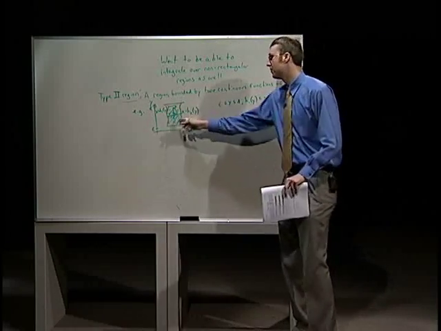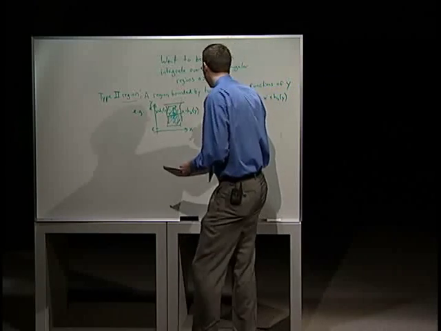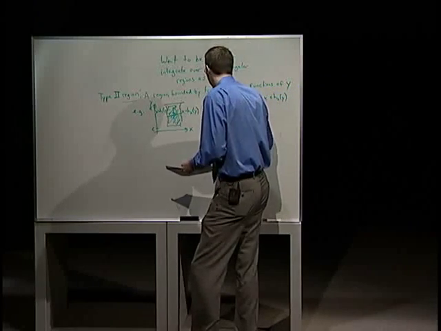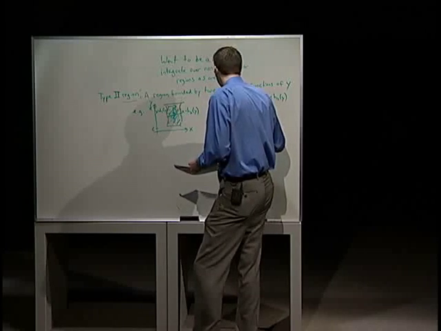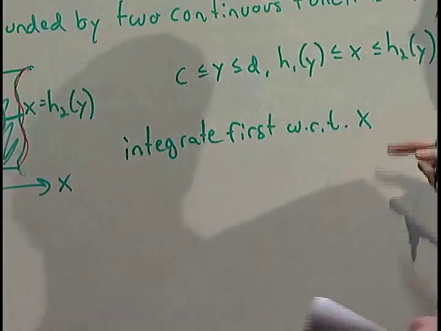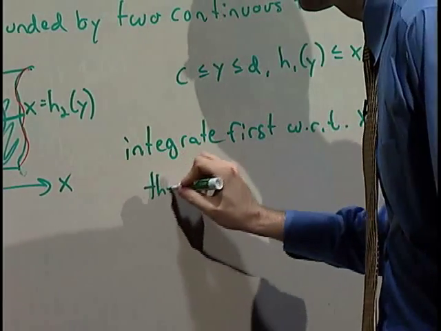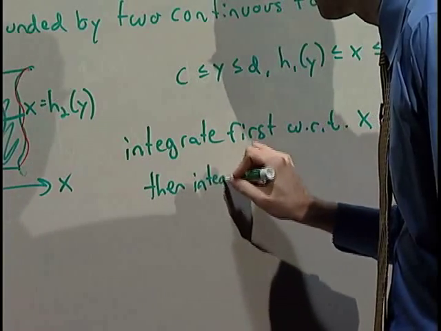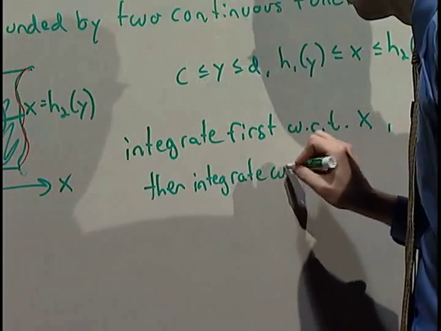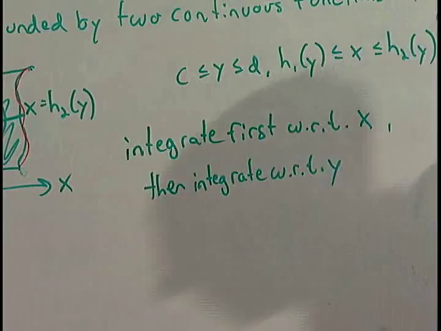We integrated up to down before, left to right here, okay? And so here, x is a function of y, so we're going to integrate first with respect to x to get rid of that, right? And then integrate with respect to y, okay?